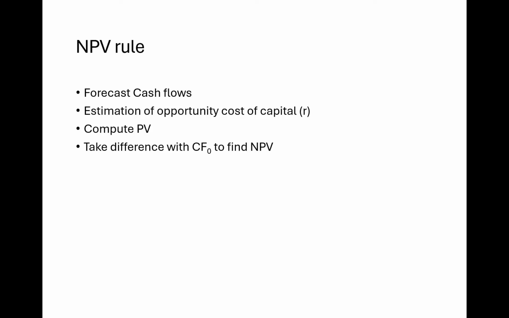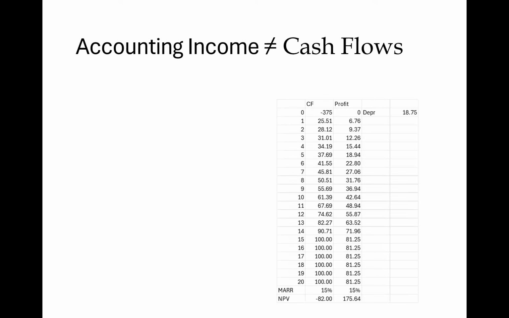So the setup cost is usually spent at time 0 and hence is associated with cash flow at time 0, defined as CF0. So that's how net present value or NPV is calculated.